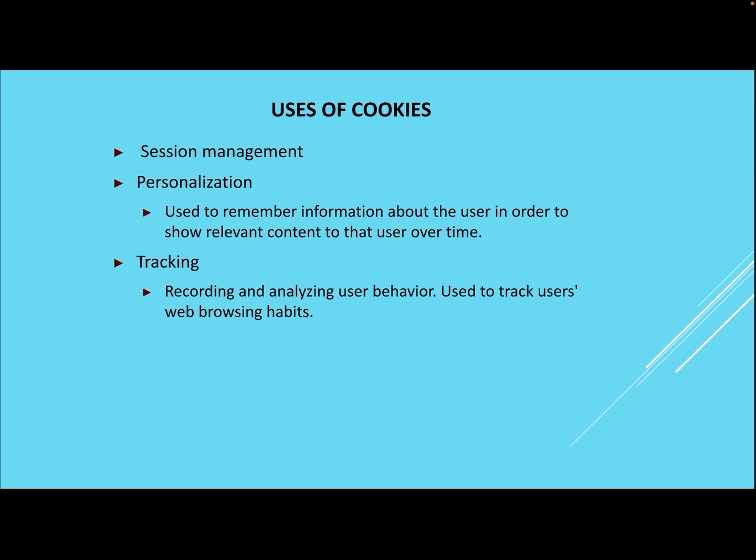Name and value are the most important parameters, and they are required while creating a cookie, whereas other parameters like date of expiry, the path where the cookie is being stored, the domain name of the cookie, and the secure parameter, whether it is specified as HTTPS or HTTP, are optional in nature while creating a cookie.